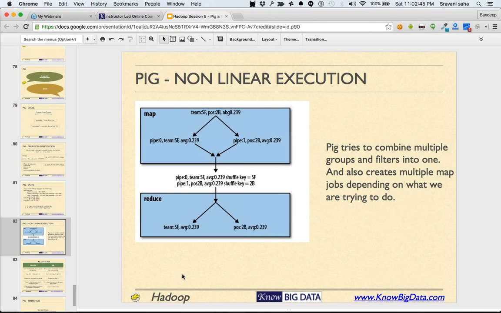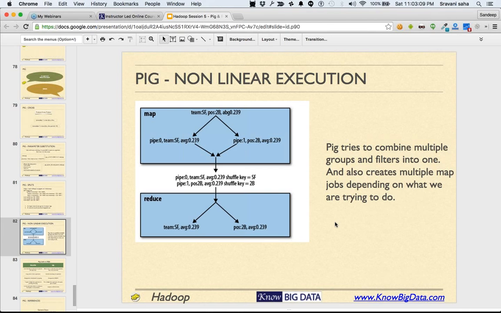It tries to combine all the groups into one, meaning all the reduce should happen in a single shot, and filters into one, meaning all the mappers, instead of being separate map phases, are combined as a single map phase. So it does a lot of optimization.